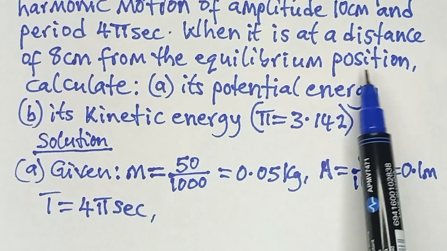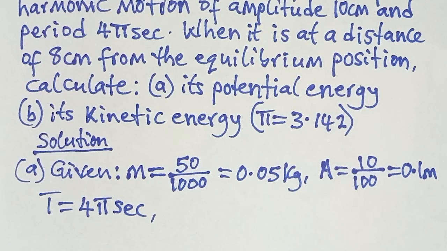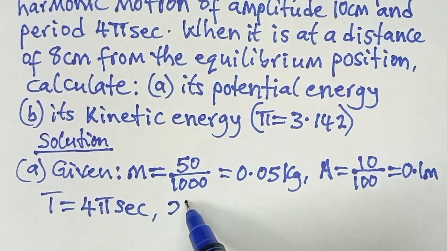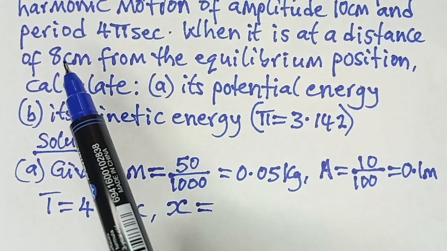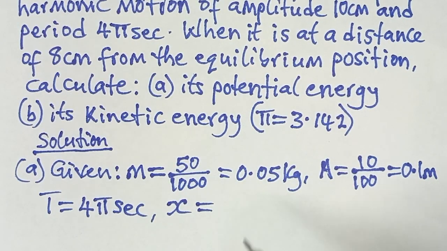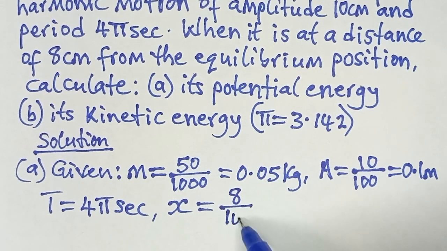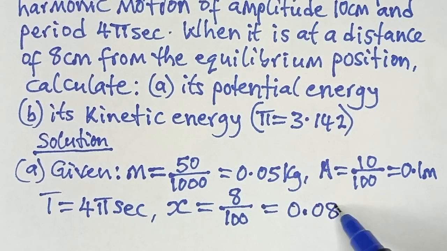Equilibrium position also means the center of the motion. So that distance from the equilibrium position is given letter S and is equal to 8 centimeter from the question. To convert centimeter to meter, we divide by 100 and that will give us 0.08 meter.